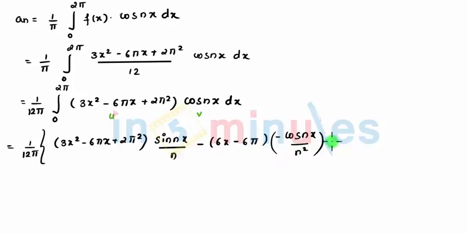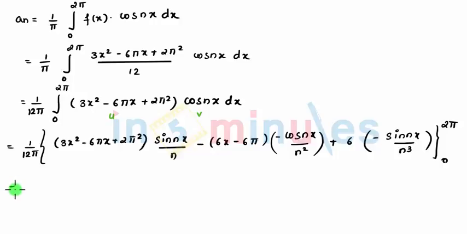So further, minus and minus makes it plus, and differentiation of this comes to be 6, and again integration comes as minus sin nx divided by n cube, where lower limit is 0, upper limit is 2 pi.